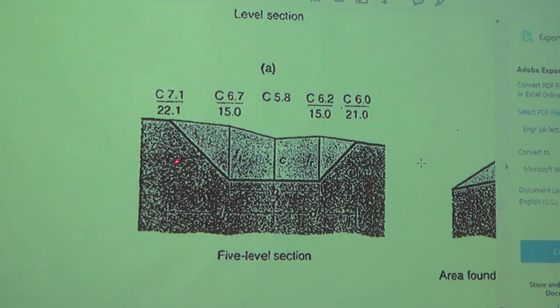And what's this distance? 7.1. Where is this 22.1? What distance is it? From the center, from the origin to the left. So it's this distance right here. And this distance right here is what distance? 21 feet.